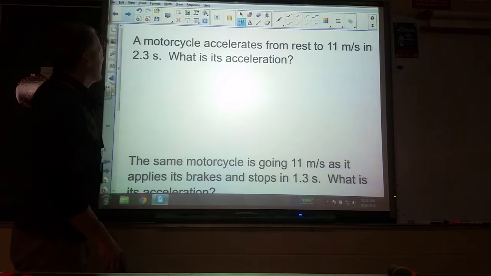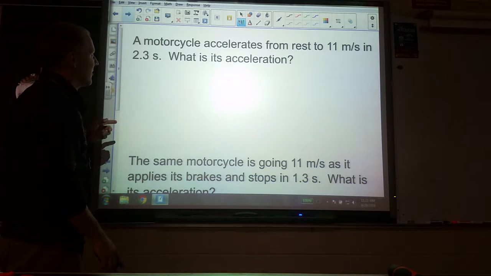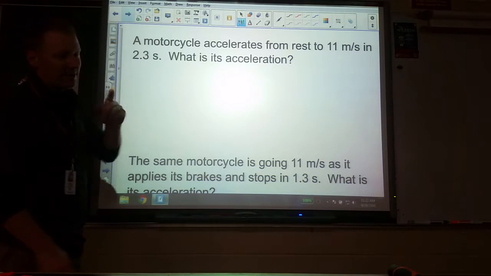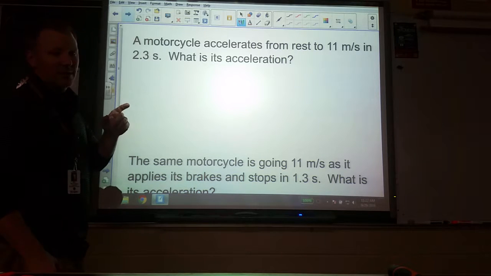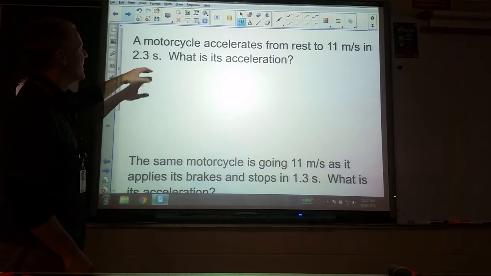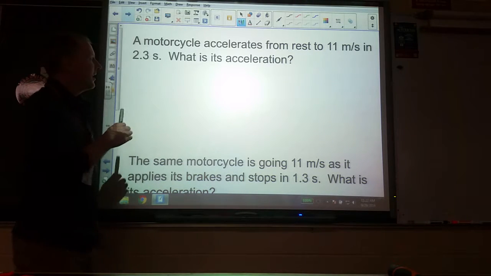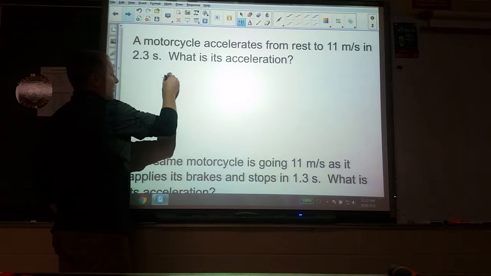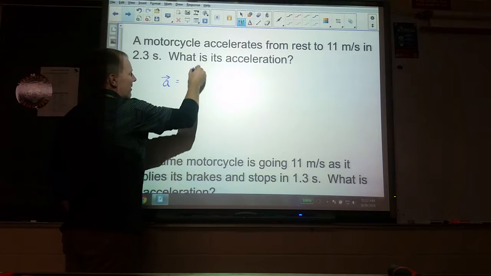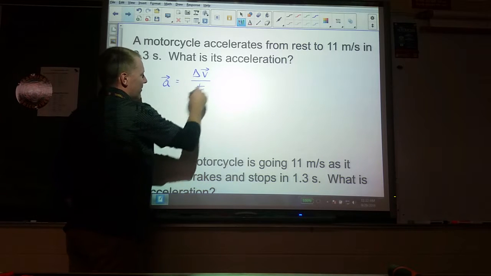The other question I'm going to talk about is a motorcycle. This motorcycle is accelerating from rest, you know it was coming, to 11 meters per second in 2.3 seconds. What is its acceleration? Well, acceleration is a vector. Acceleration, remember, is a measurement of the change in velocity over time.